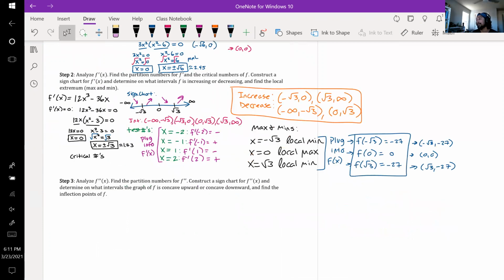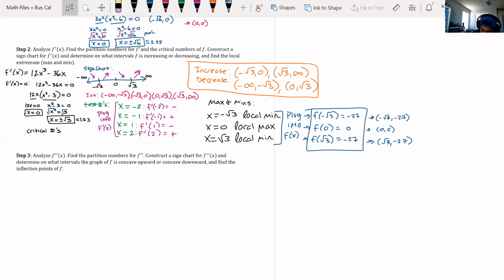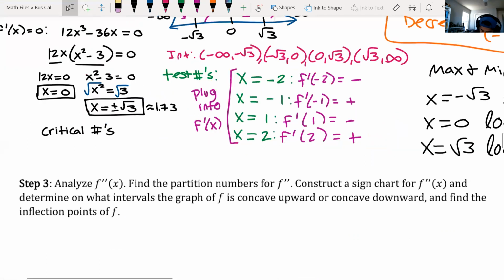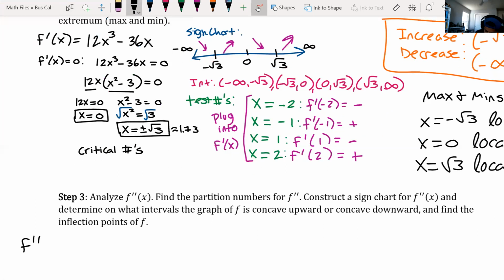We are now going to take the second derivative. So there's the first derivative up there. So f double prime of x is going to give me 36x squared minus 36.